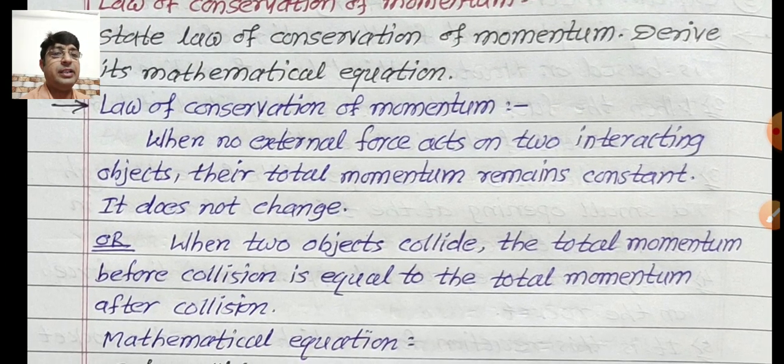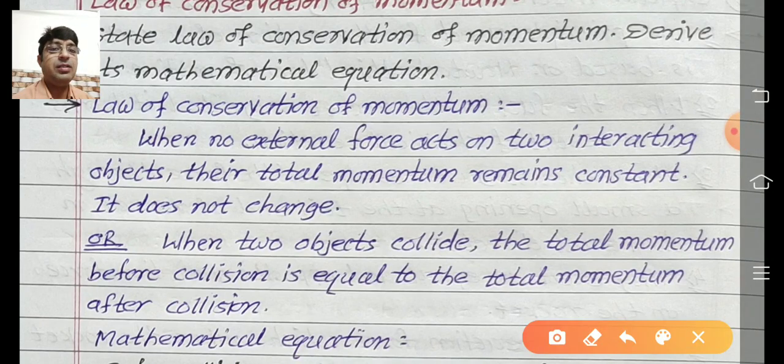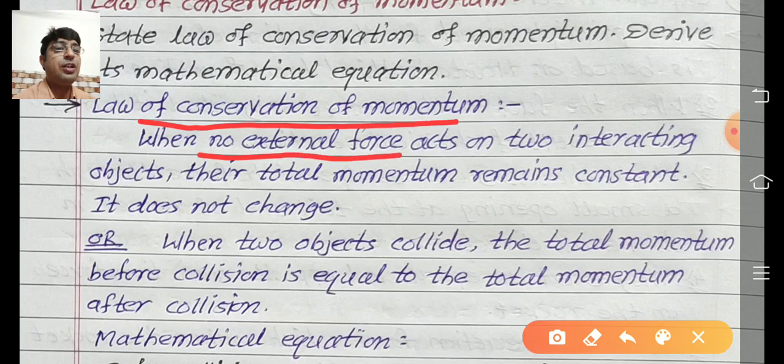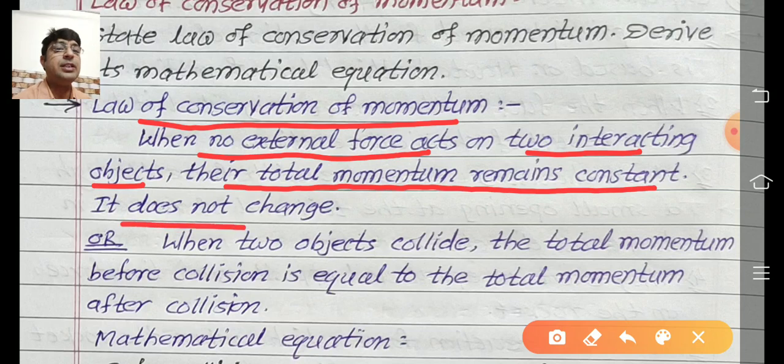First of all, we are writing the law of conservation of momentum. When no external force acts on two interacting objects, their total momentum remains constant, it does not change. Or a second statement is also given, so in the exam you write any one statement.